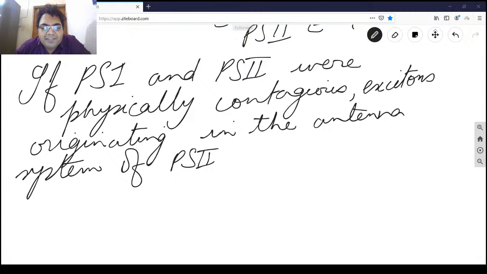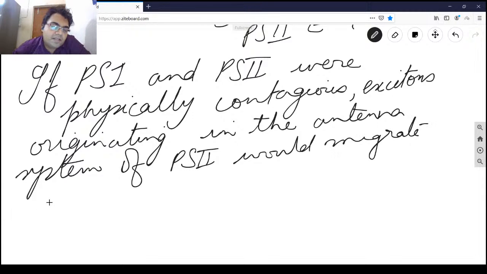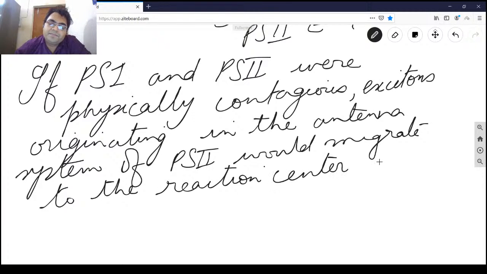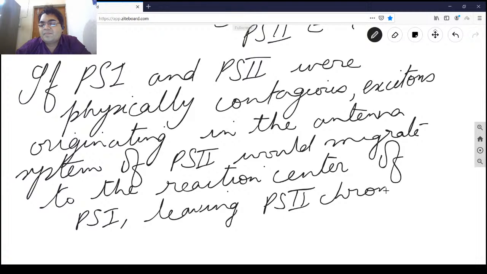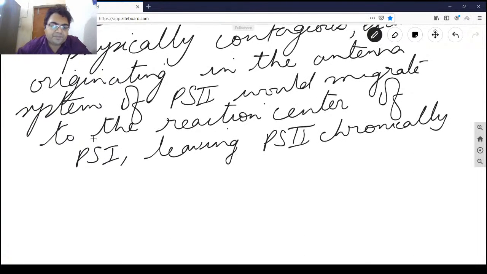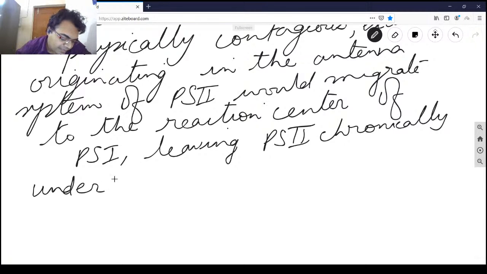So the thing is, excitons originating in the antenna system of PS2 would migrate to the reaction center of PS1, leaving PS2 chronically underexcited.